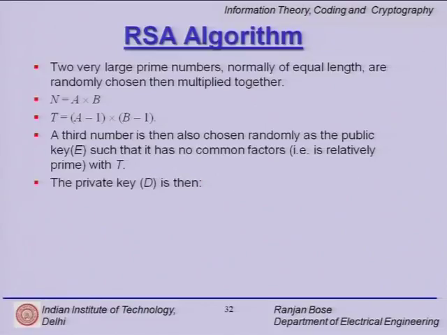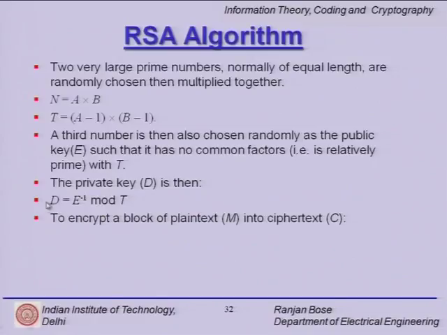So, how do we get the private key? Because the public key was chosen randomly, to get the private key we compute d as e inverse mod t, and to encrypt a plain text m, we take m raised to e mod n.